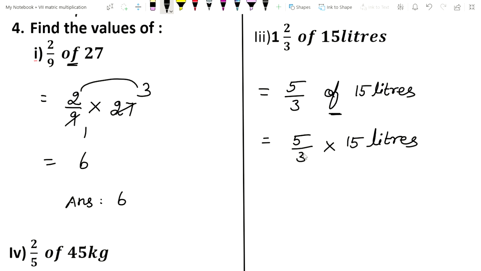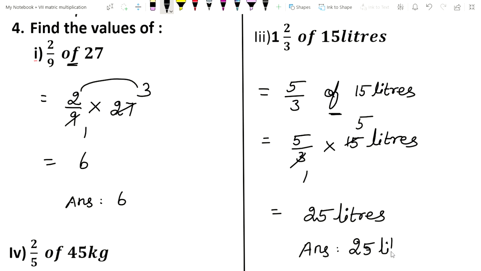So 3 ones are 3, 3 fives are 15. Now you multiply the numerators, 5 fives are 25. 25 liters. So what is the answer, children? 25 liters.